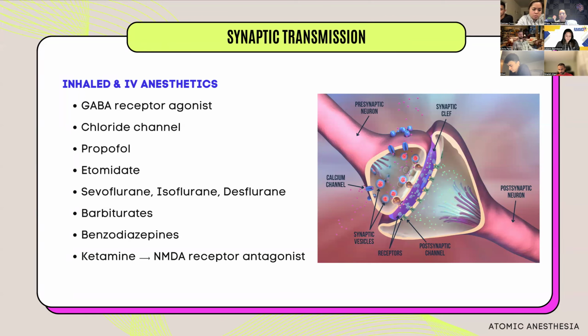I think a really important part of learning anesthesia pharmacology is understanding the nerve to nerve synapse and the nerve to muscle synapse, and looking at the real molecular details of what's going on at these nerve to nerve junctions. You have your axon going to your dendrite.